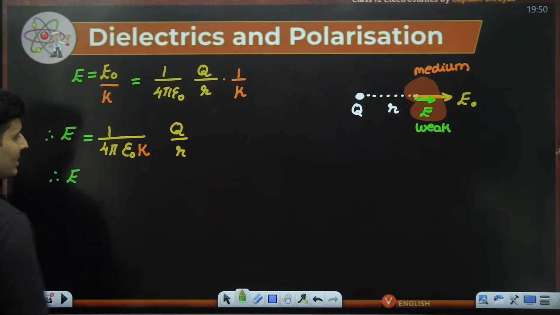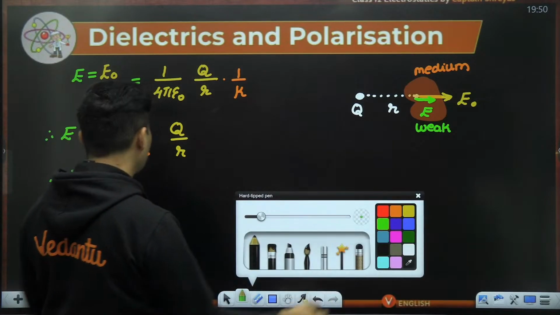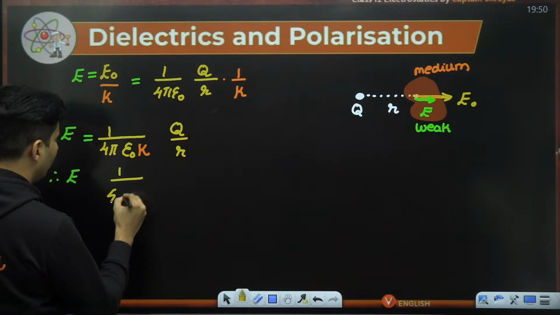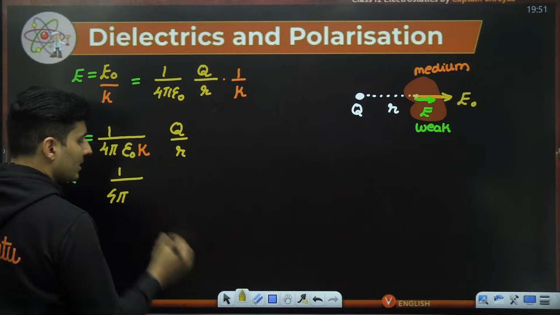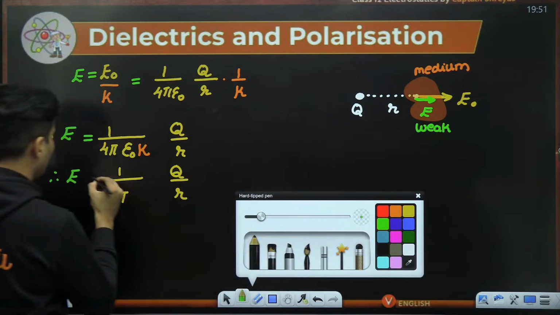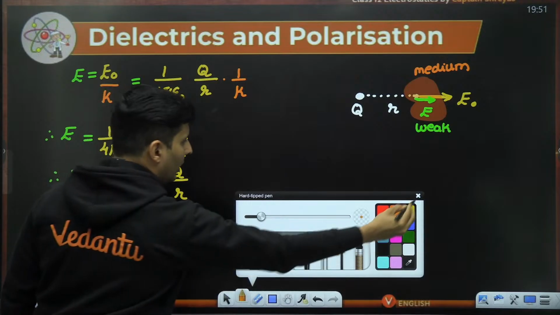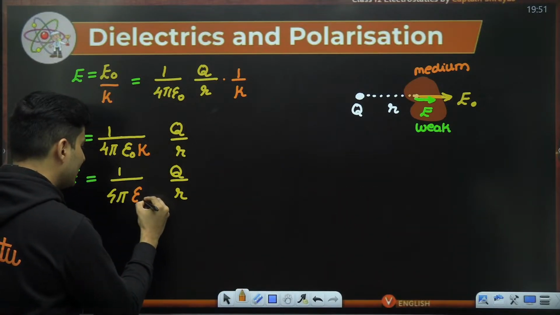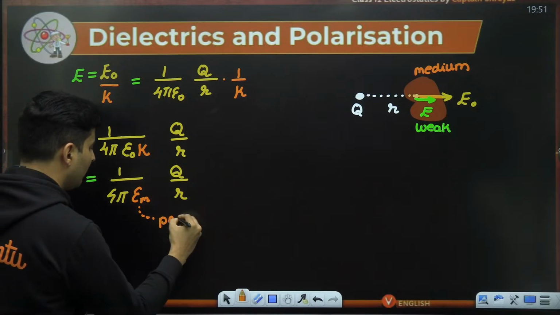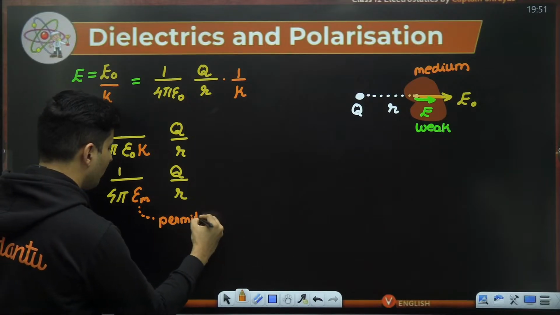Deliberately I have put K with epsilon naught because now I can replace it with a new thing. I will call it 1 by 4 pi, you have Q, you have R also. This epsilon naught K, I will call epsilon of the medium. This is now called the permittivity of the medium.